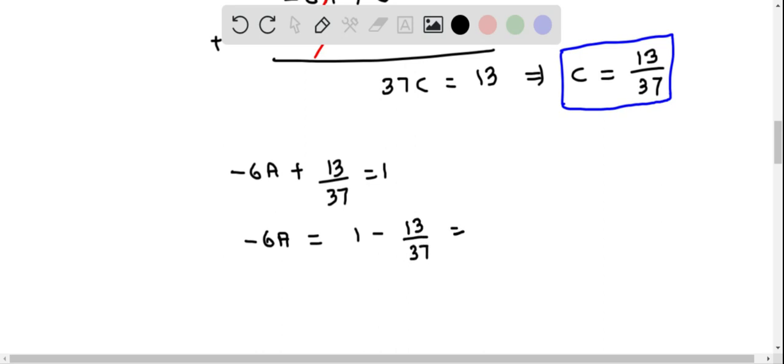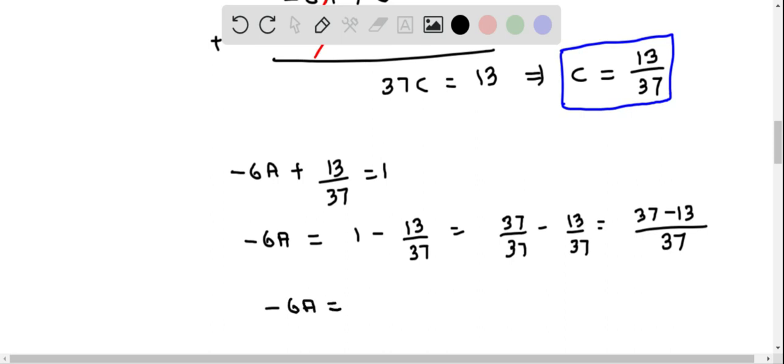We can simplify this. We can write 1 as 37 over 37 minus 13 over 37. And this gives 37 minus 13 over 37. This is negative 6a, and this equals 37 minus 13, which is 24. So I write 24 over 37.